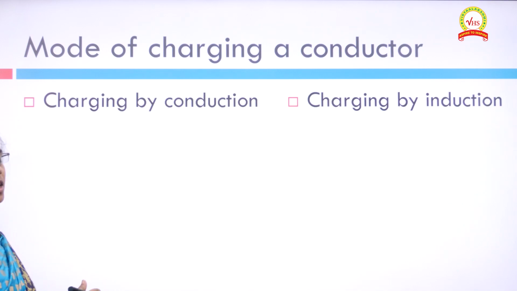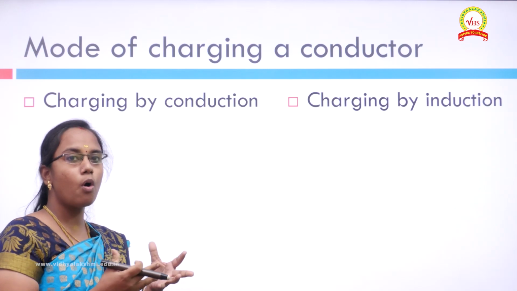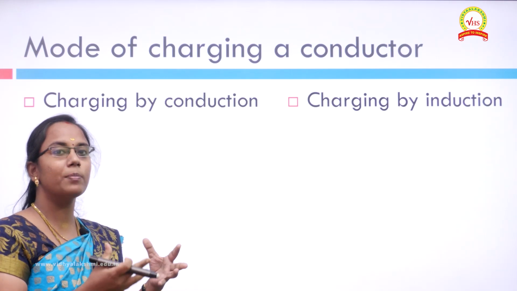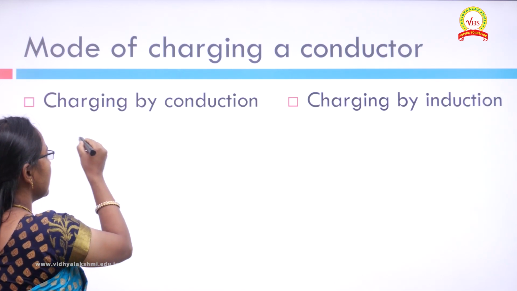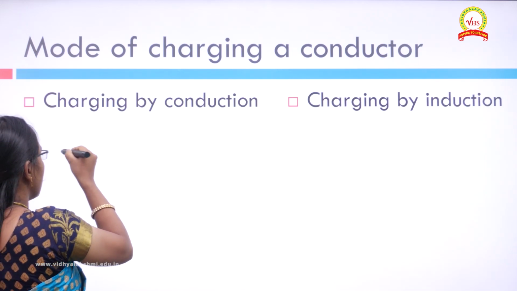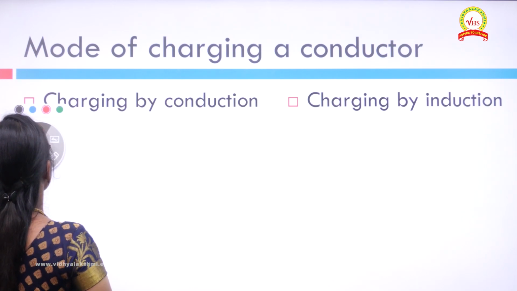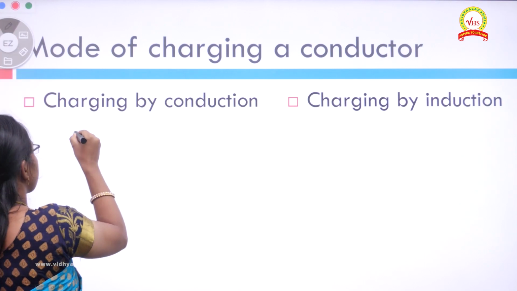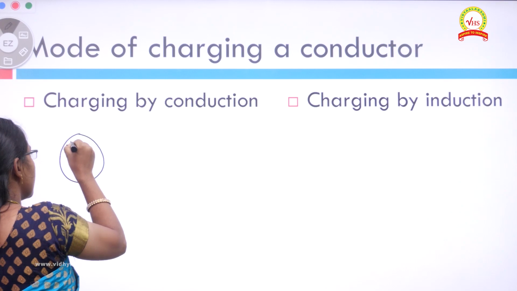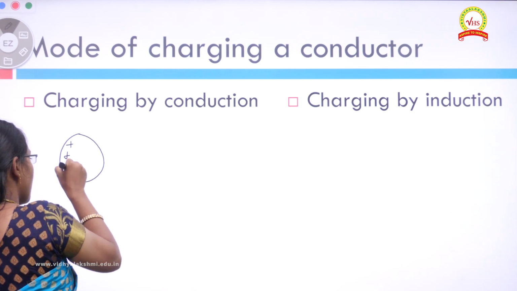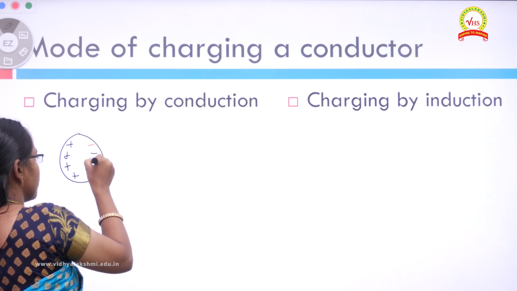Firstly, charging by conduction. For this, I am going to take a neutral object. We already know what a neutral object is, right? It possesses both positive charge and negative charge, with an equal number of positive and negative charges in it.